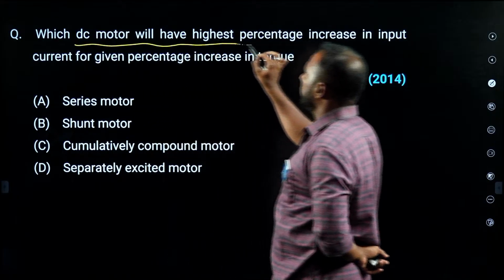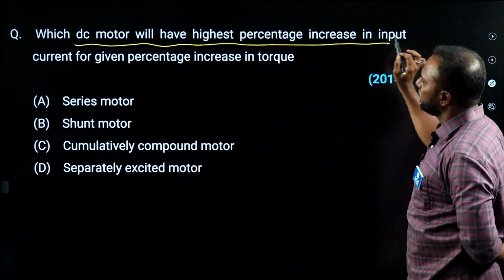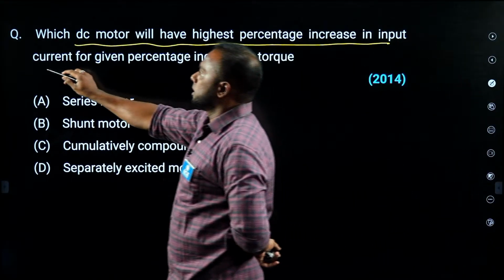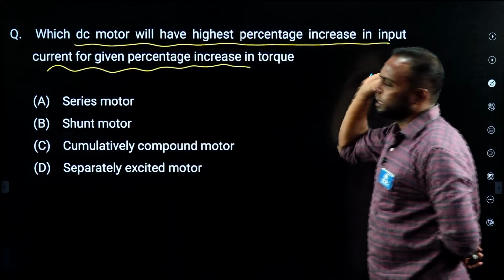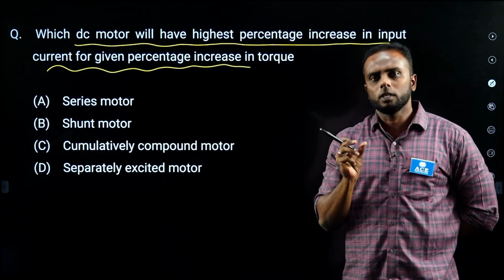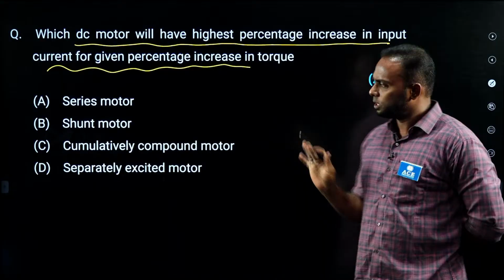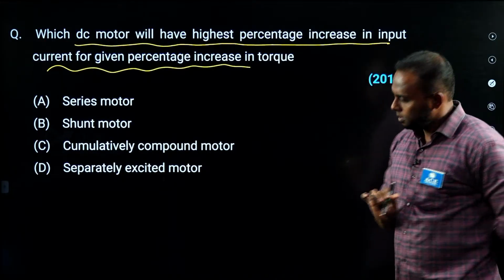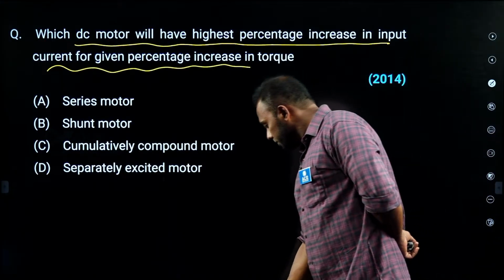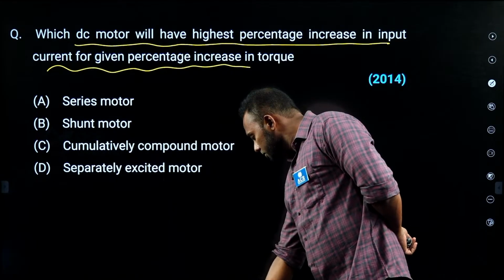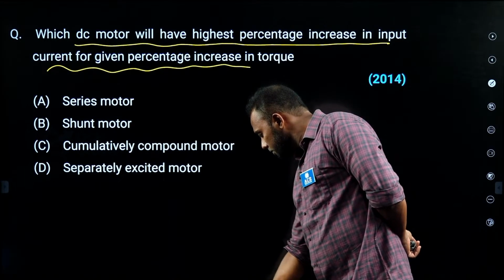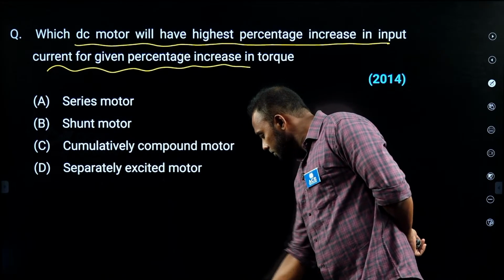Which DC motor will have highest percentage increase in input current for given percentage increase in torque? Generally this question will confuse a little. Okay, first you answer this. What is the answer? Tell me answer for this question.